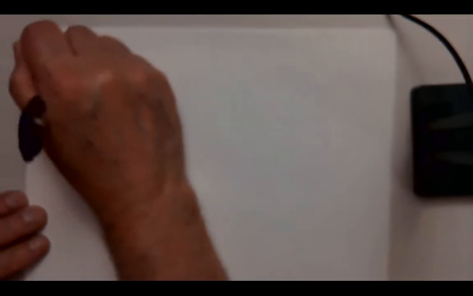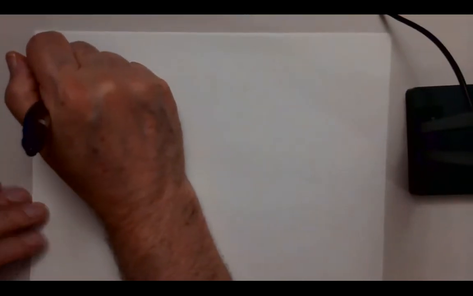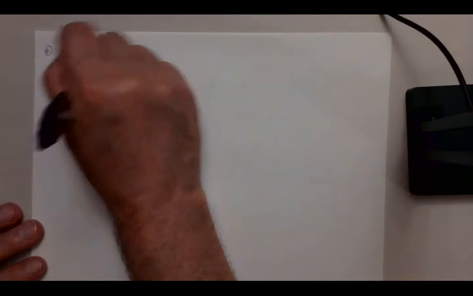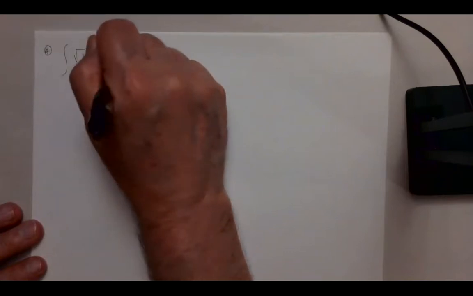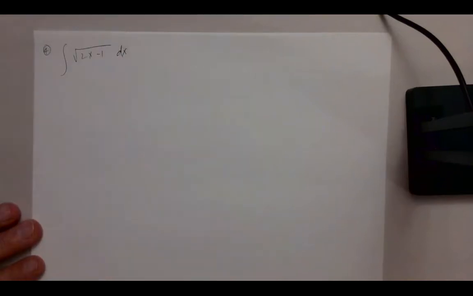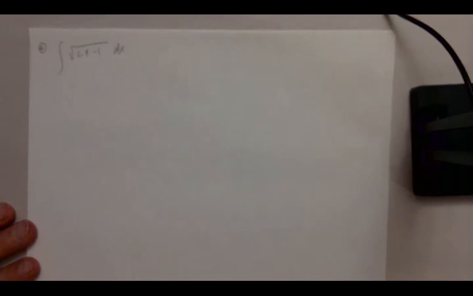Let's look at another problem. This is example 4. The integral of the square root of 2x minus 1 dx. Now, what makes this complicated is 2x minus 1. If this were the square root of u du, that's just a power of u to the 1/2. We could integrate it.